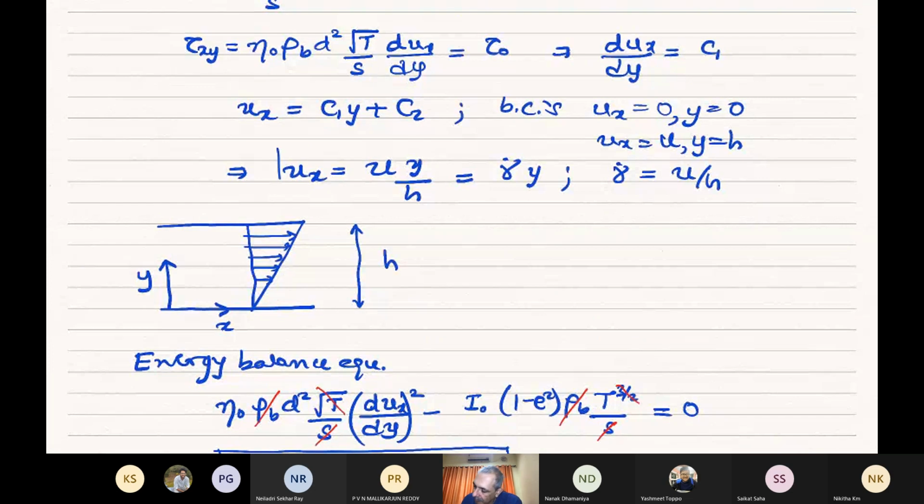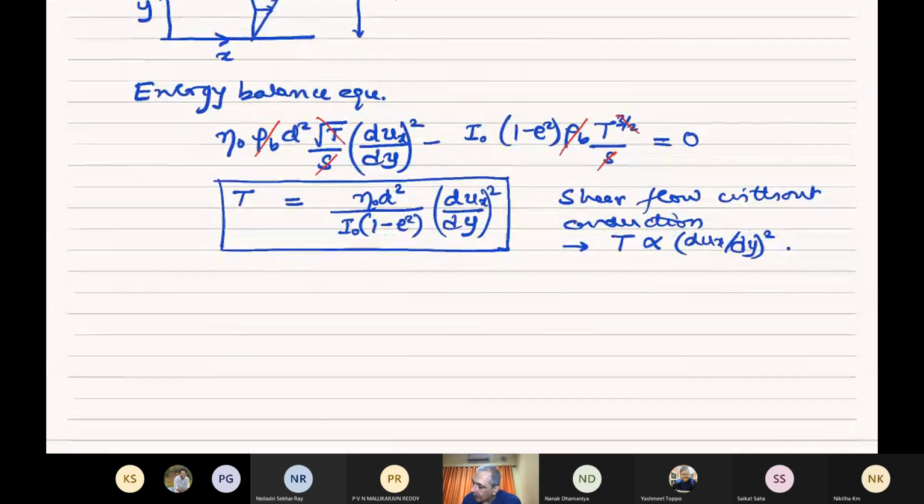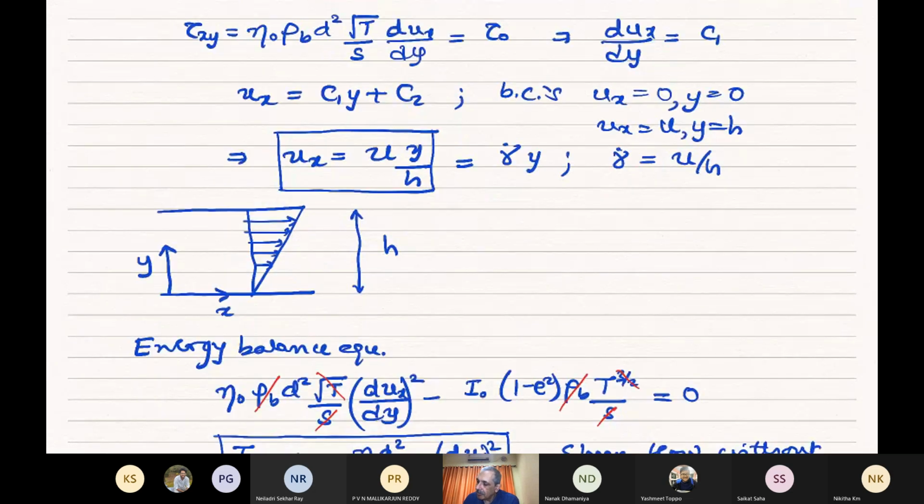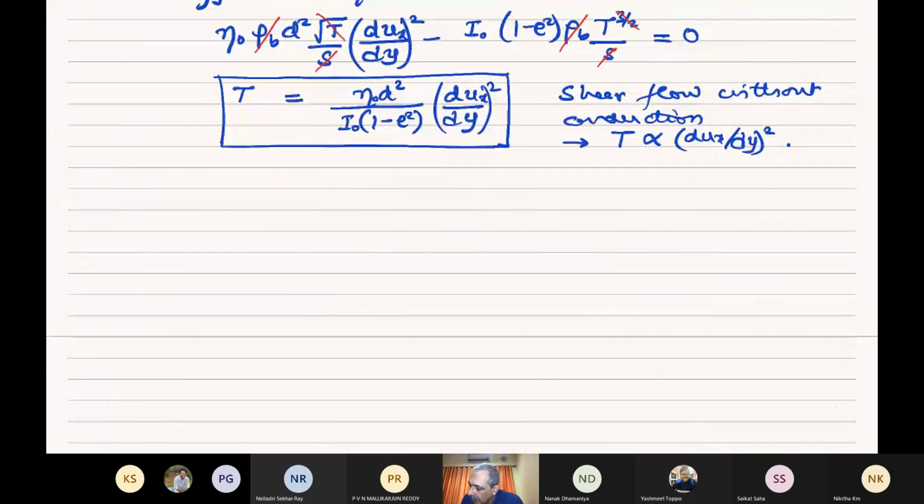We found the mean velocity to be given by this, and the temperature is given by this, but we know dux by dy is just u by h. So actually, if we want to write it in terms of all the quantities that are given to us, then this can be replaced by u squared divided by h squared.